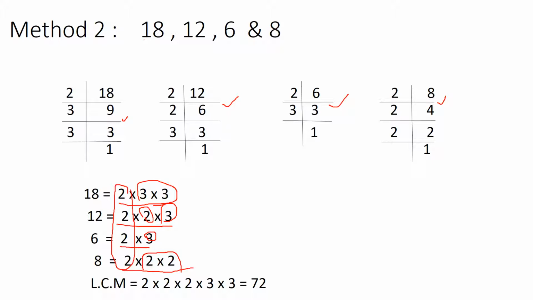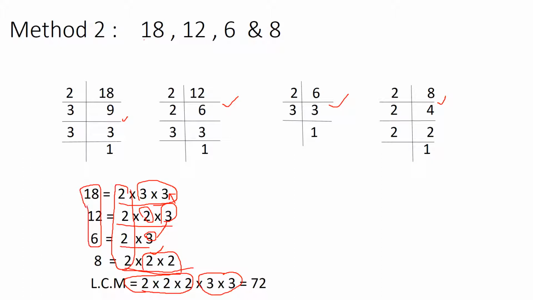Like here we have 3 times 2's, so we will choose these 3 times 2's, and then we have 2 times 3. Like here you can see 3 is not common in 8. We don't have any 3 in 8, but we are going to check 3's from only these 3 numbers.